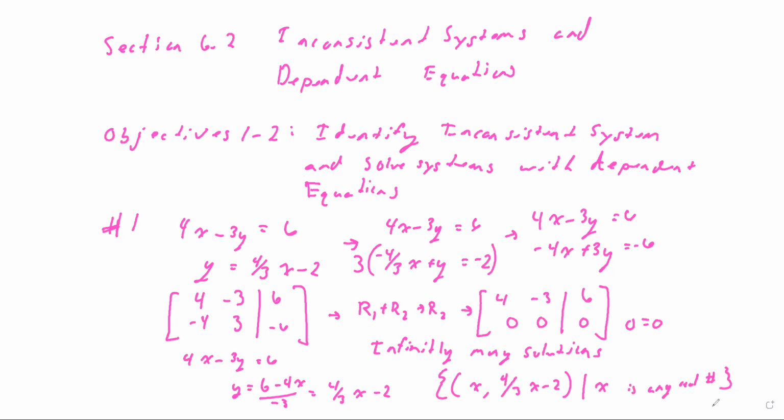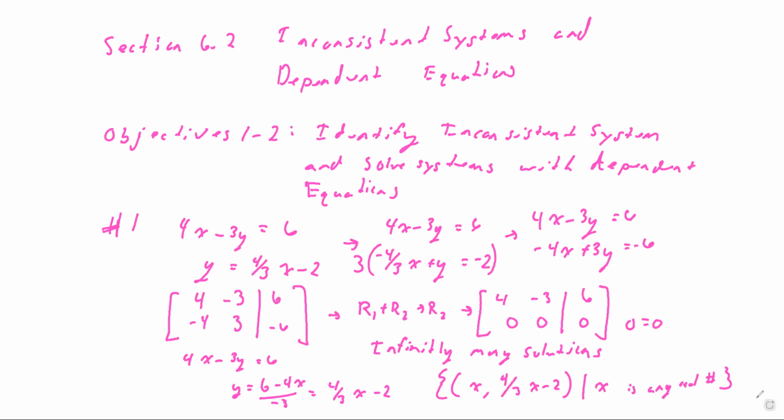Basically, you're stating x can be whatever it wants, but whatever you choose for x, then y will have a certain value. If you had solved for x, it would have been vice versa: you would have an equation for x, comma, y, and then y can be any real number. So technically, this has two different answers that you could write out. And that's pretty much what you're doing in that one.